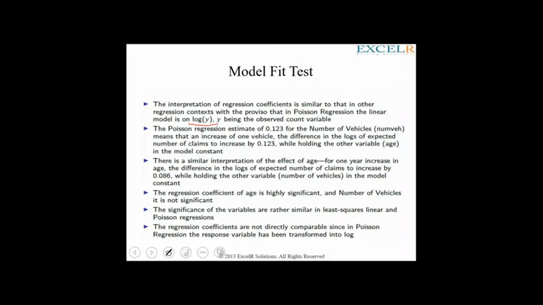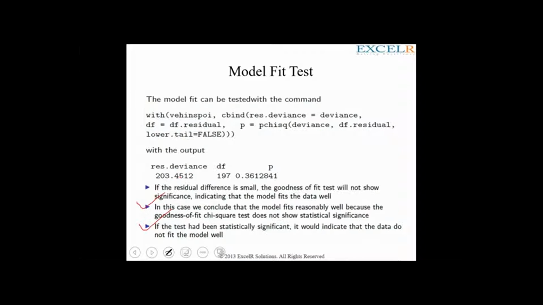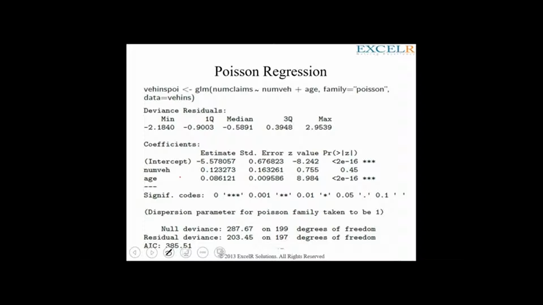What does each of your regression values say? Let us understand using the outcome variable. Okay, output here. So here you have 0.123273, right? What does this exactly mean? This means that your outcome log y, log count basically, right?